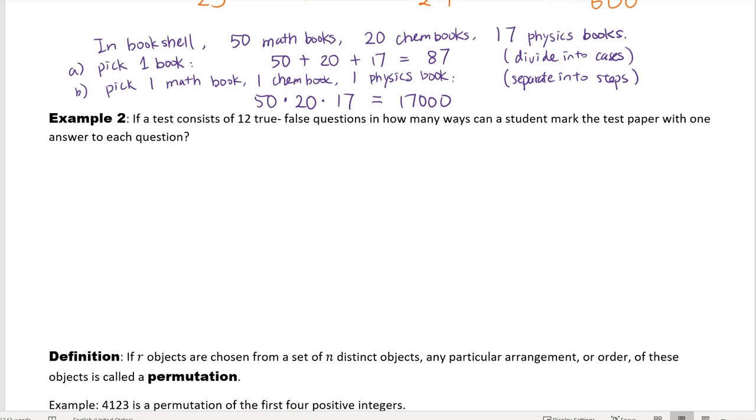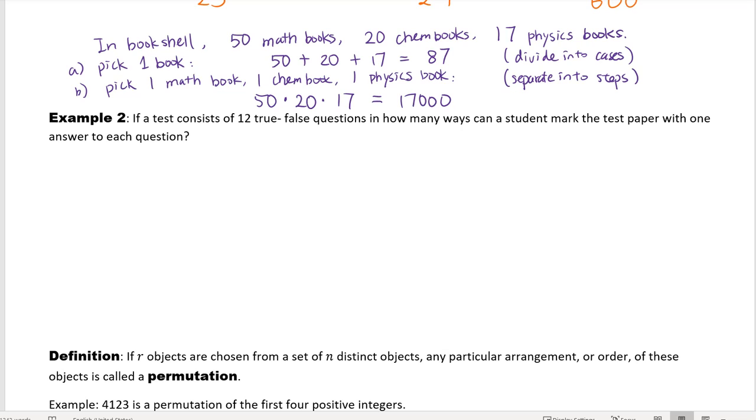Example 2. If a test consists of 12 true or false questions, in how many ways can a student mark the test paper with one answer to each question? Okay, let's see. It has 12 true or false questions, and for each question there are two choices, either true or false, right? So we can separate into steps.